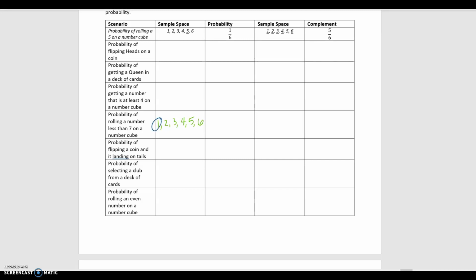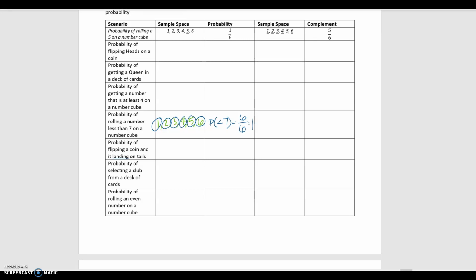Well, 1 is less than 7, 2 is, 3 is, 4 is, 5 is, 6 is. Okay, so it doesn't matter that there's not a 7 on my number cube. So the probability of a number less than 7? Well, there's 1, 2, 3, 4, 5, 6 that I circled out of 6 total outcomes. So 6 over 6 is 1.